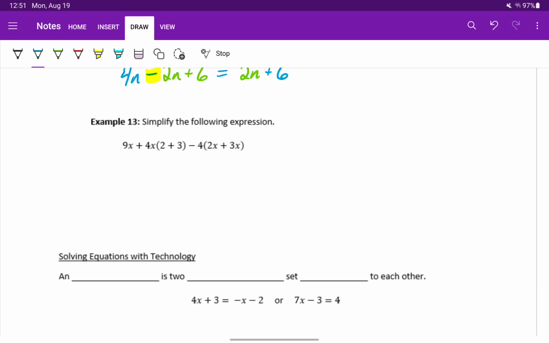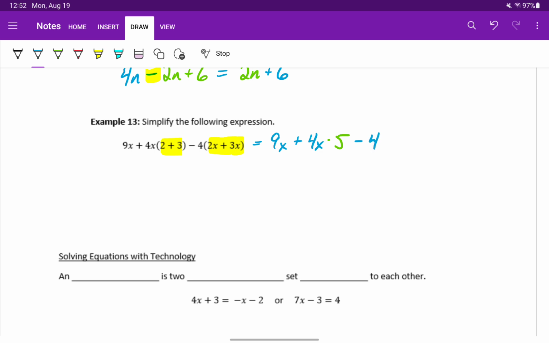In example 13, we have what looks to be a lot going on, but if we just keep in mind the same processes we've been using for the previous examples, we can start off by simplifying everything that's in parentheses first. To make our problem 9x plus 4x times 5.